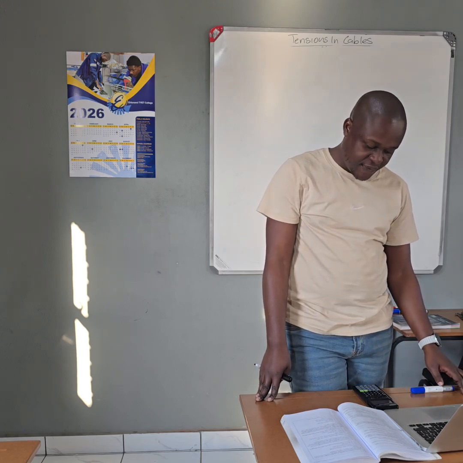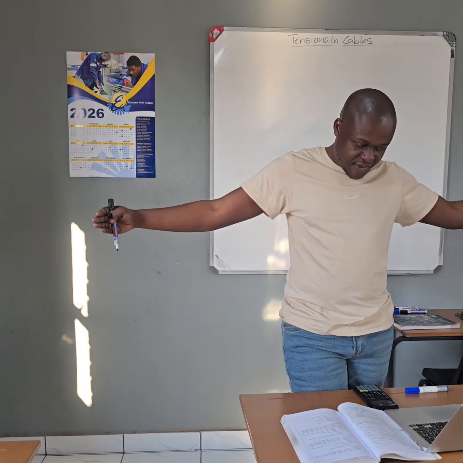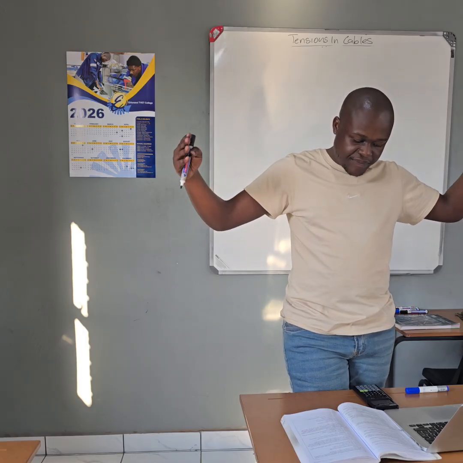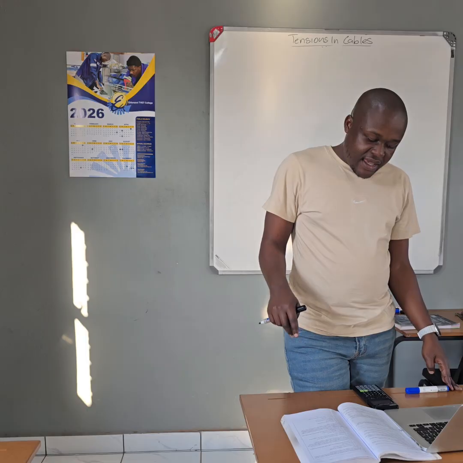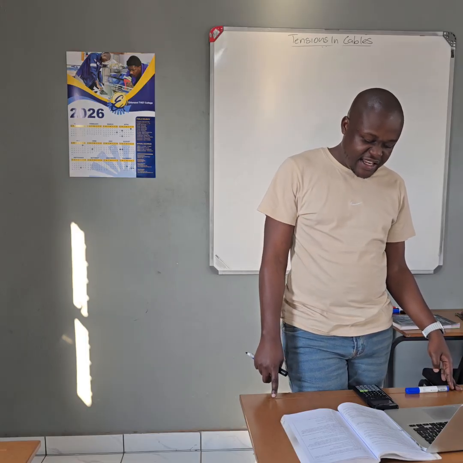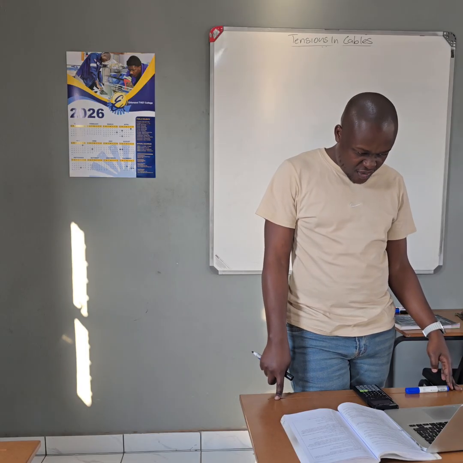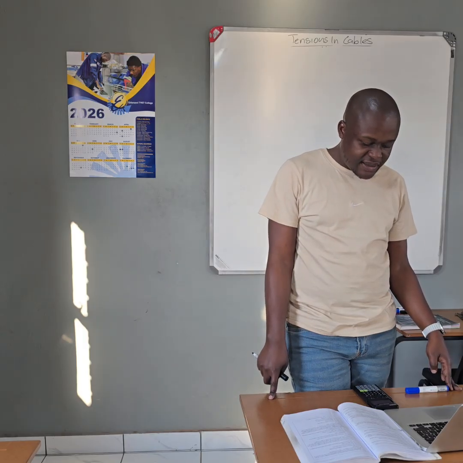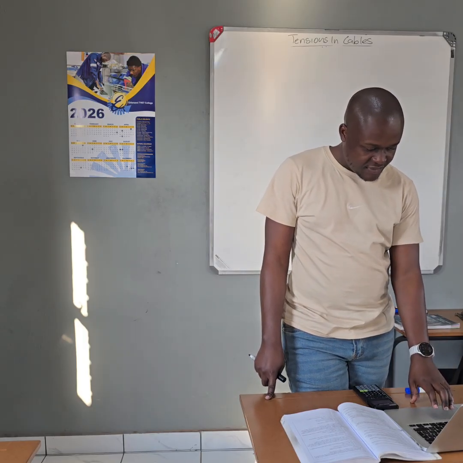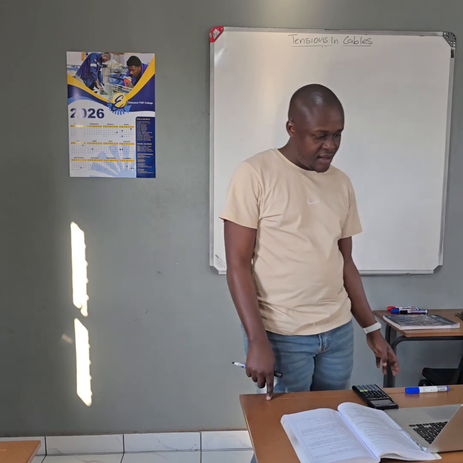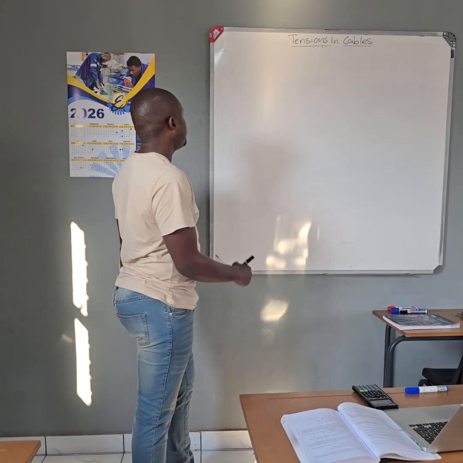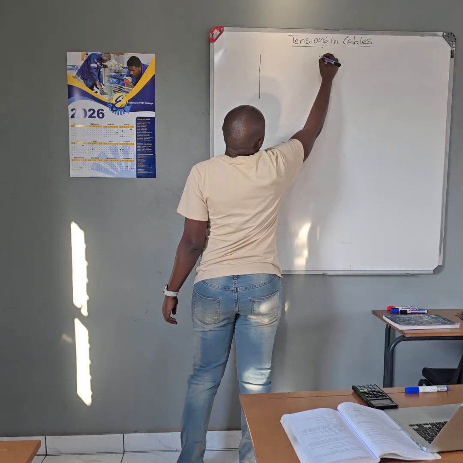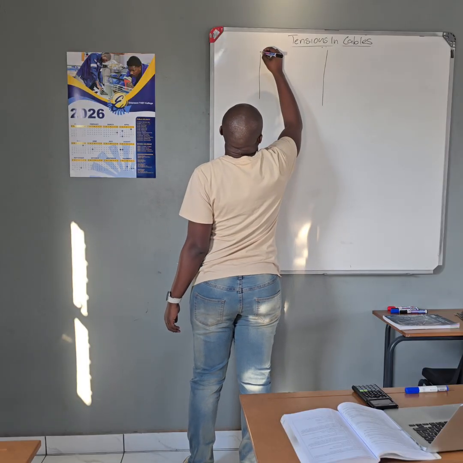There we have a cable of a suspension bridge, which carries a load of 20 Newton per meter, and the span of the bridge, the length between the supports, is 148. If the safe tension in the cable is 5 kilonewtons, calculate the minimum tension in the cable. So we have supports that are at the same height.